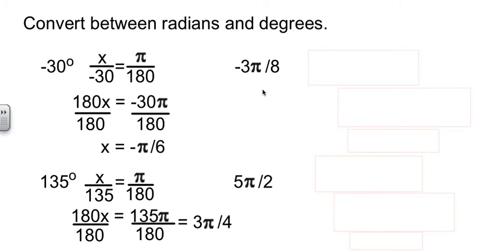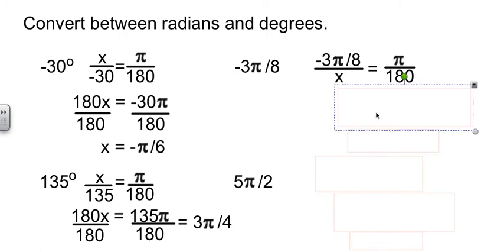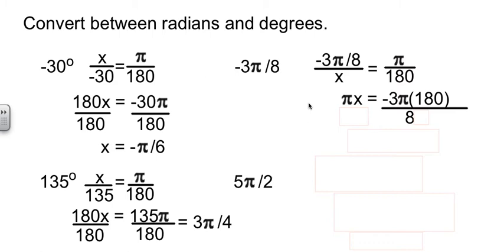So I have a negative 3 pi over 8. Now this is going to look a little funny to you until you start getting used to it. I have negative 3 pi over 8 for radians. I don't know the degrees. Pi over 180 is still the ratio that I'm using. When I cross multiply here, I get negative 3 pi times 180 over 8.